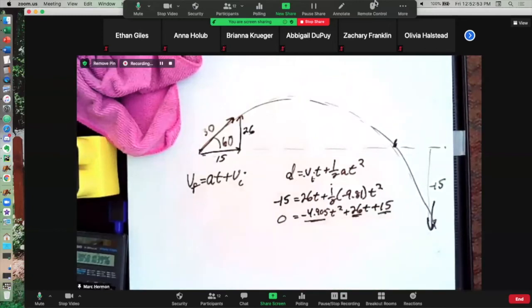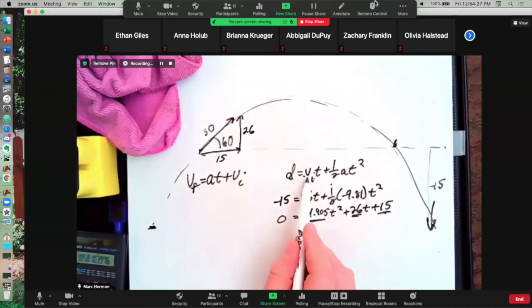You put that in the quadratic, and you get 2 possible times, where we would be at the negative 15. One of those times is going to be a negative, back here in time, which you can't do. So you'd reject the negative answer. That's not physically possible. You would take the positive answer for time. Now that's not that hard, because by now I'm sure most of you have already programmed the quadratic formula right into your calculators.